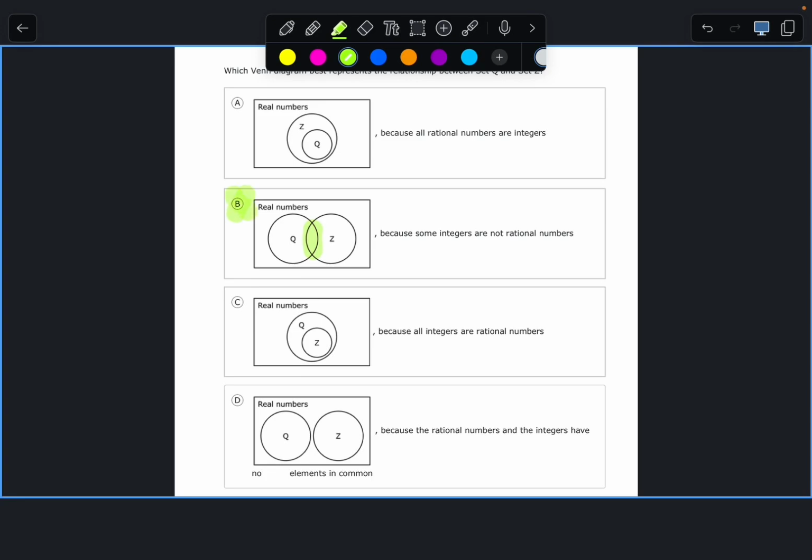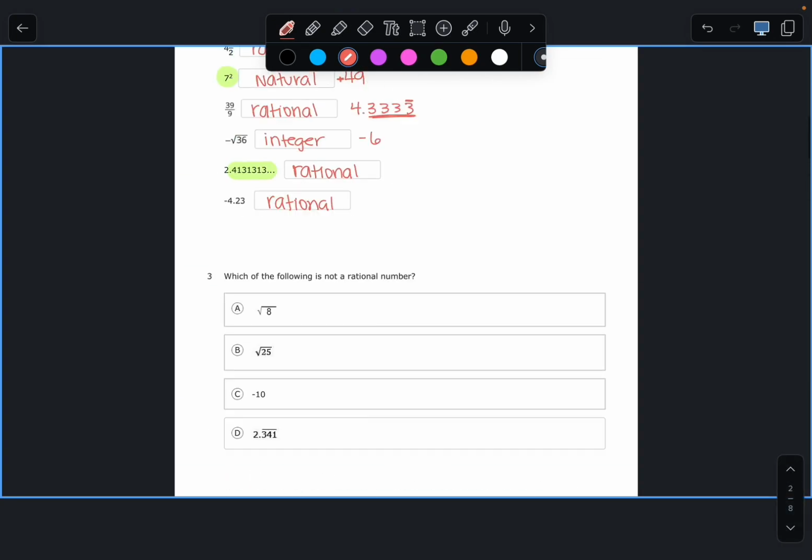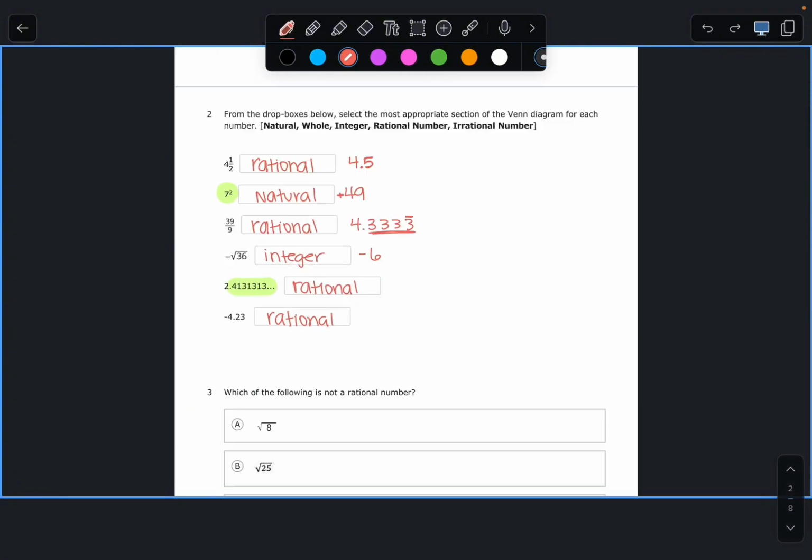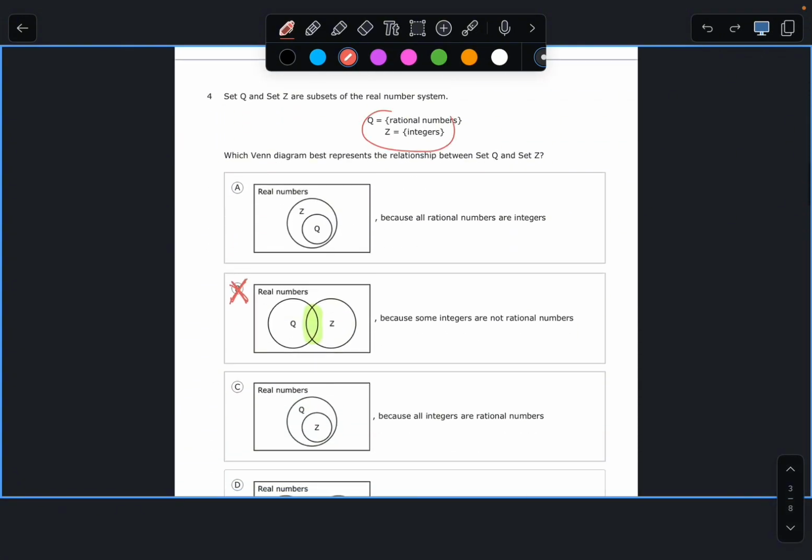It will never be one like that. And if you look at D, notice that you have two categories that don't mix at all. The only category that doesn't mix at all is going to be irrational, okay? And this isn't one of the categories that they're asking us to compare, so it's not D.